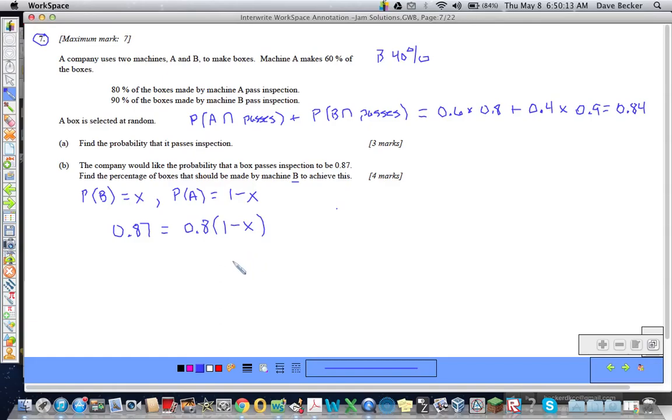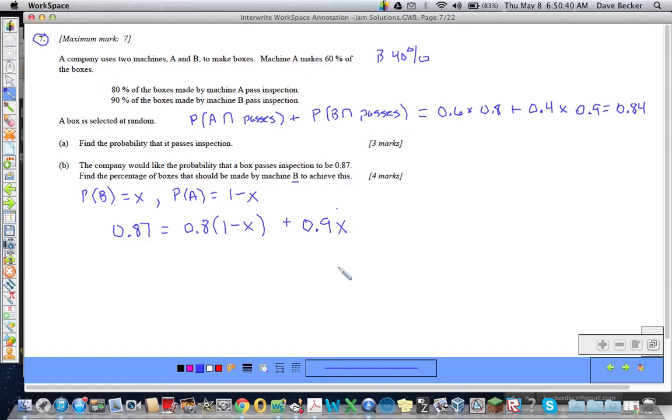Well, 0.8 is for machine A: 80% of the boxes made by machine A pass inspection, and the 1 minus x represents the percentage of boxes for A. Plus 0.9, that's the percentage that pass for machine B, times x, the percentage that we want machine B to make.